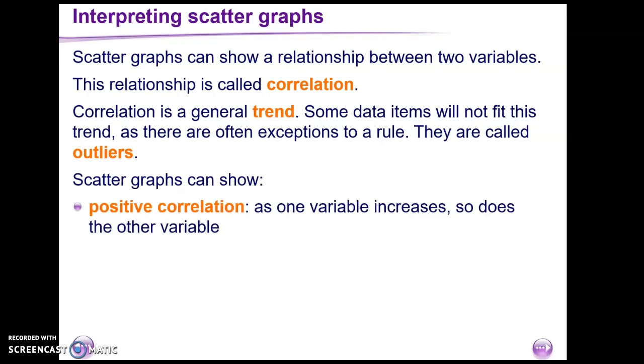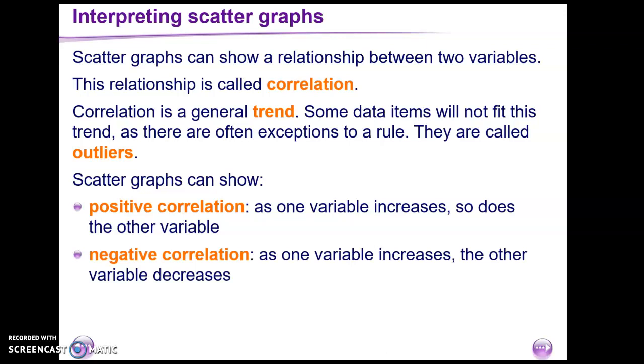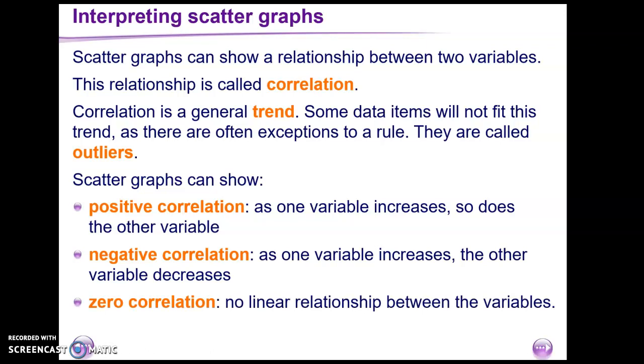Scatter graphs can show a positive correlation, as one variable increases so does the other, or a negative correlation, where one variable increases the other decreases. Sometimes there is no correlation, zero correlation. There's no relationship between the variables, and that would be if you just had dots all over the place, scatter all over the place, and there is no relationship between the two variables.